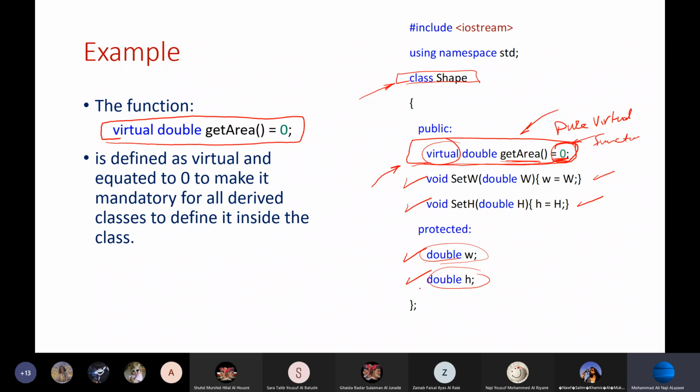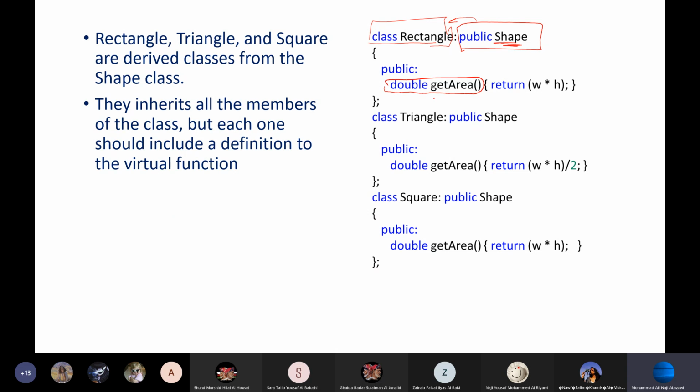So in this case, the only thing that we should define is this function, because this is a pure virtual function. In the rectangle class we return H times W, which is the area of the rectangle. If we define another class, which is triangle, it is also a subclass of shape, and it will inherit the width, the height, the set width, set height, etc. But the area has a different way of calculation.